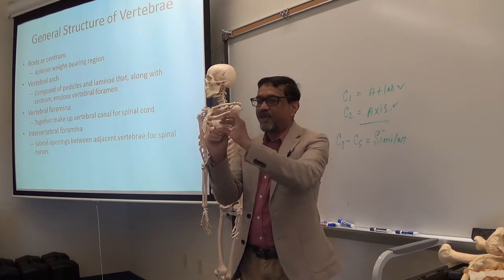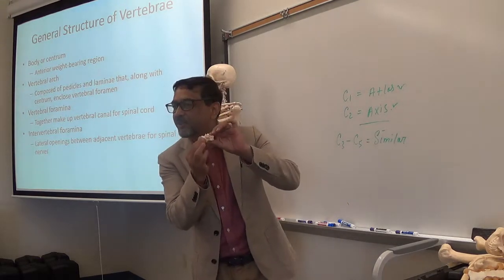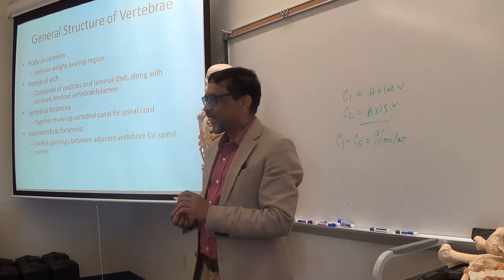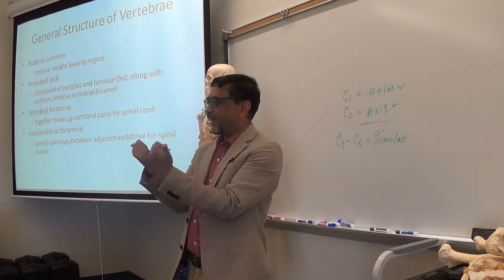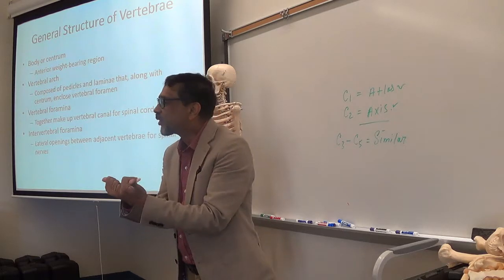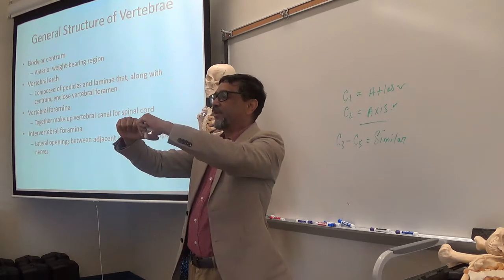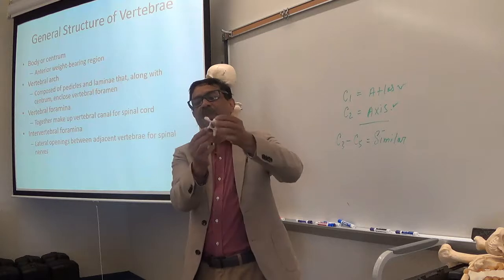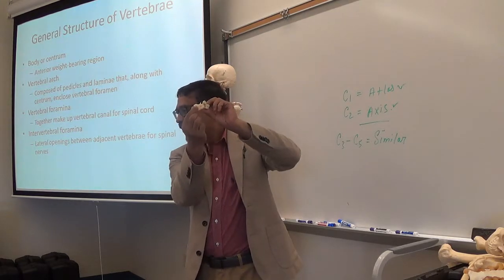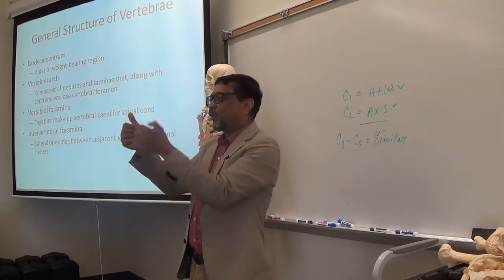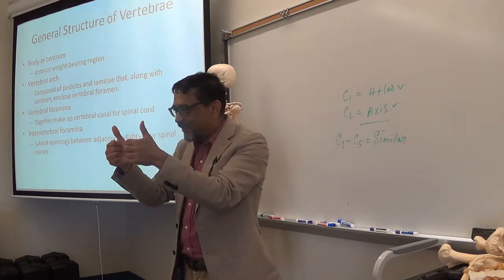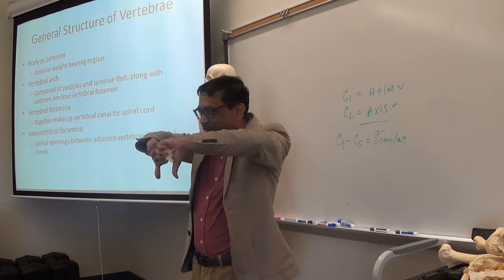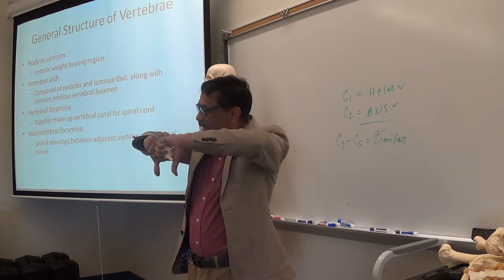It has a body and an arch. The arch has 2 transverse processes, 1 spinous process going backwards, 2 superior articular processes going upwards, and 2 inferior articular processes going downwards.